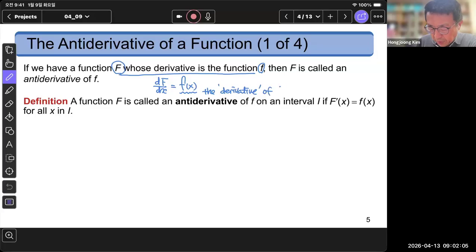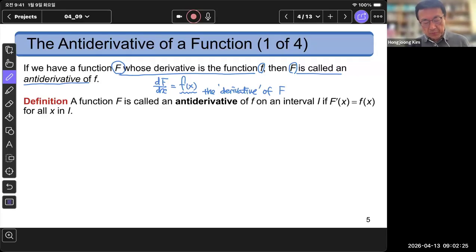Now, given this lowercase f, we want to call this uppercase f somehow. And at that point, we use this term. This uppercase f will be called an antiderivative of a lowercase f.